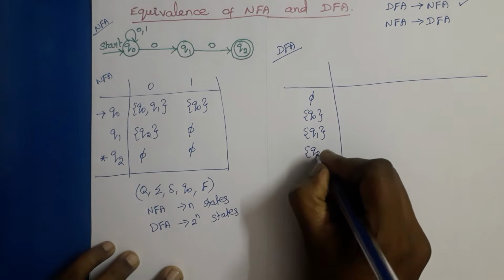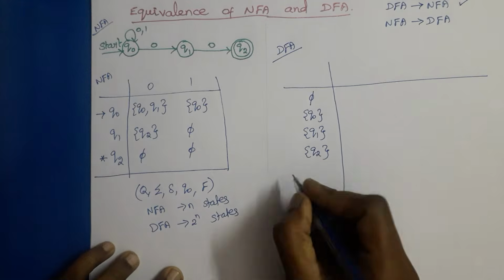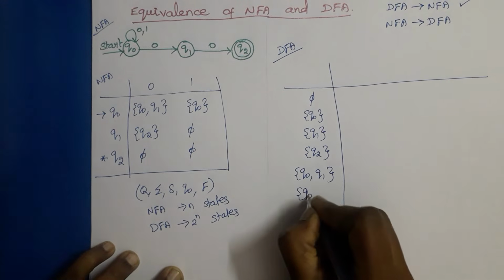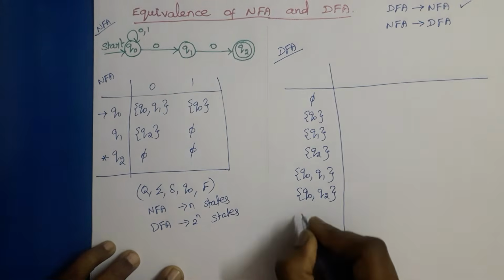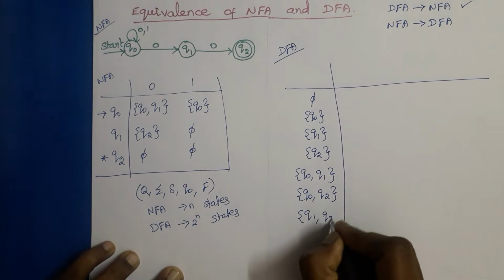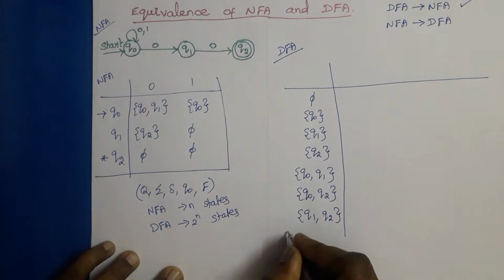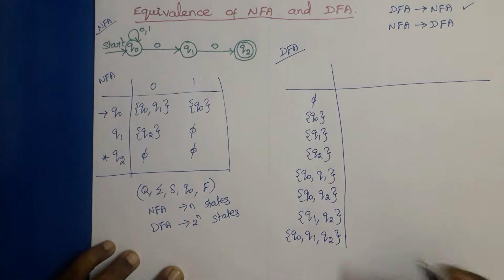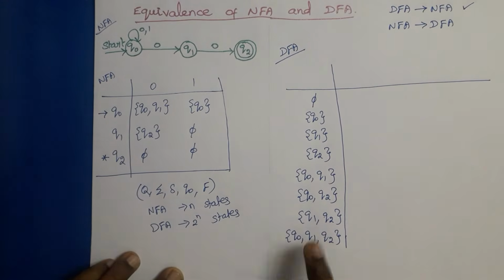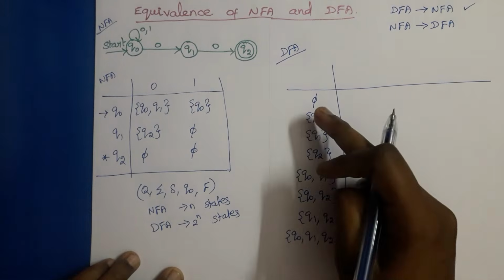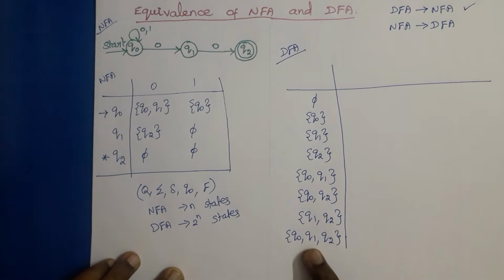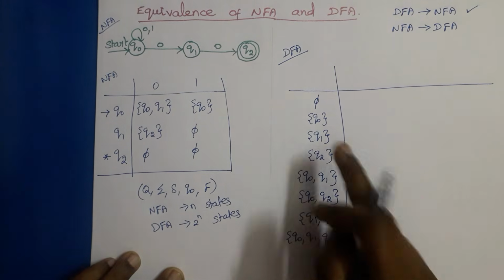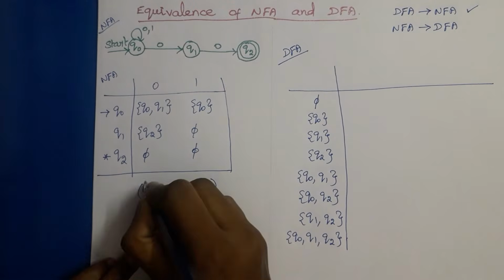Then {Q2}, then {Q0, Q1}, the combination of Q0, Q1, then {Q0, Q2}, {Q1, Q2}, then {Q0, Q1, Q2}. So here the NFA has 3 states and the DFA has 2 power 3, that is 8 states. So from the NFA states, we have constructed the DFA states. So Q is over.